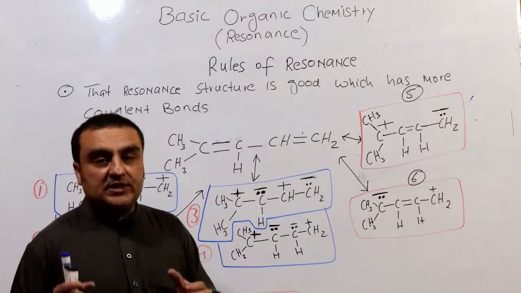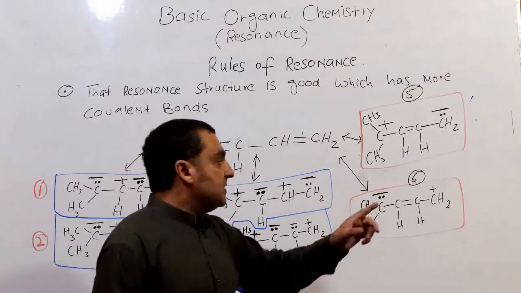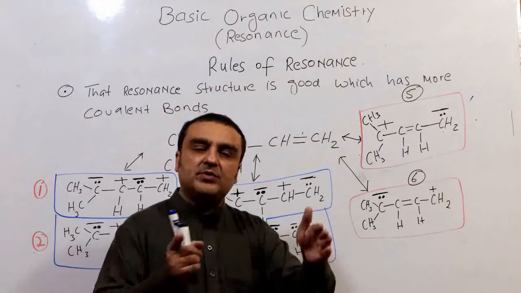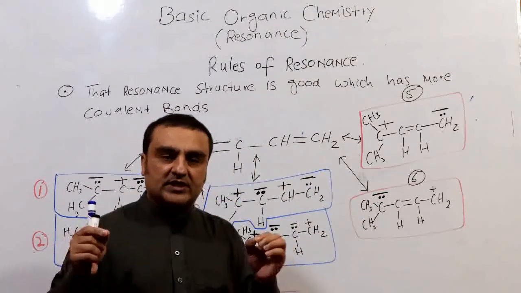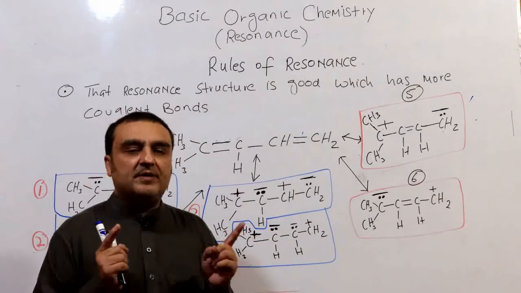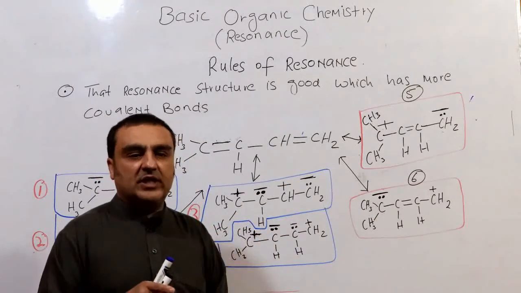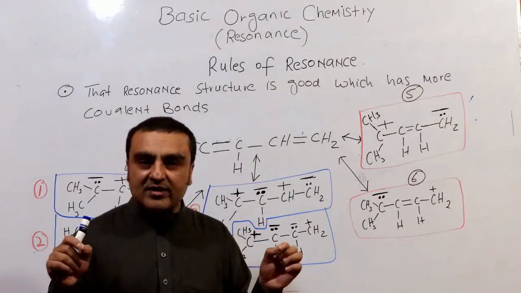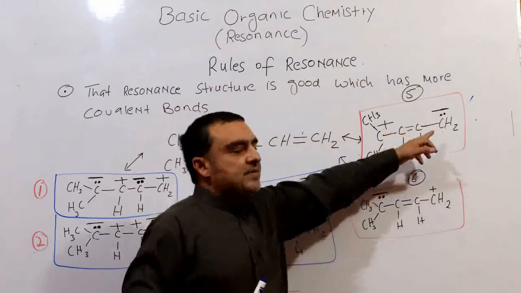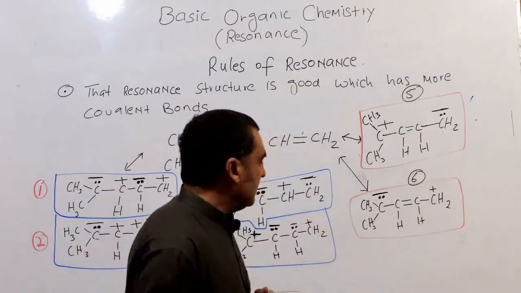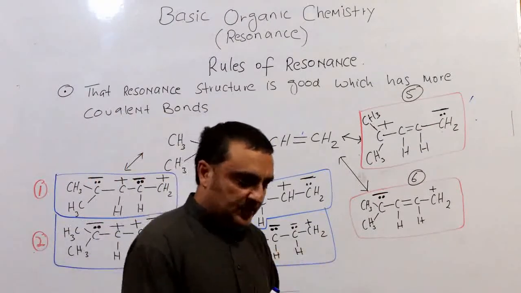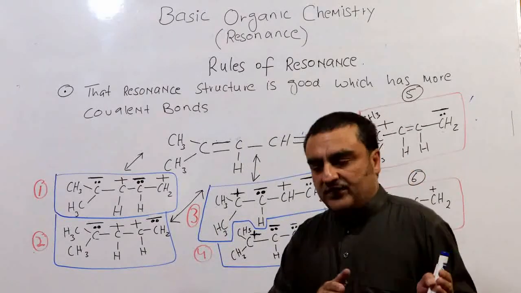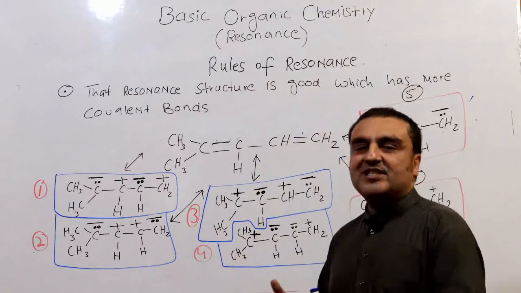And again you know that when there is competition between a primary and a tertiary carbon for carrying a negative charge, that structure will be good in which the negative charge is on the primary carbon.